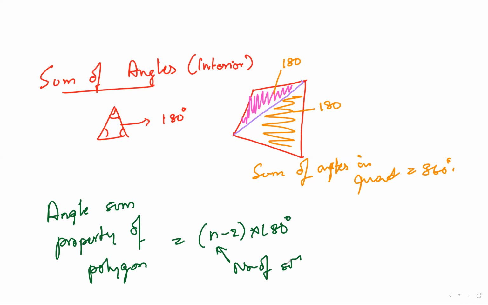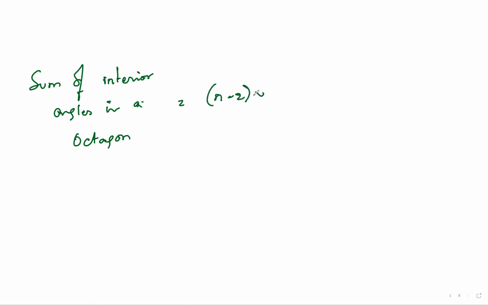So let me show you. So suppose sum of interior angles in, let us say, an octagon is equal to, what is the formula? N minus 2 times 180 degrees.